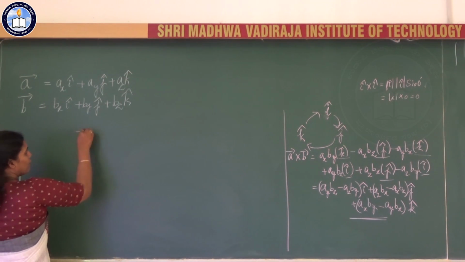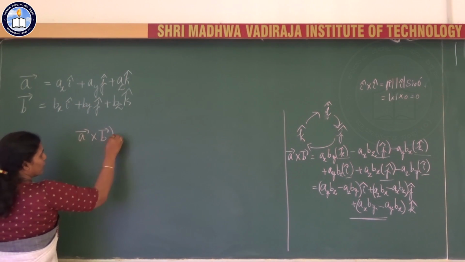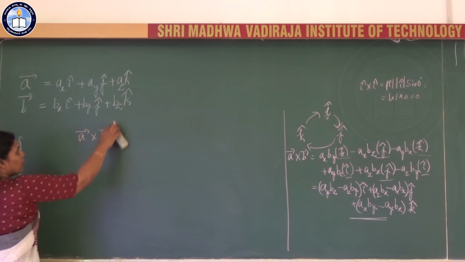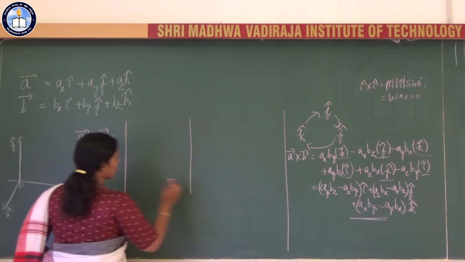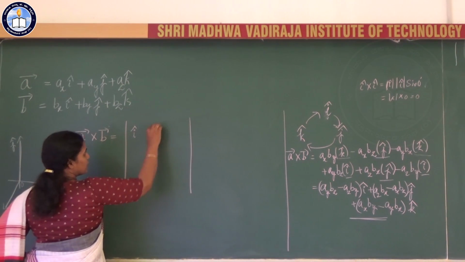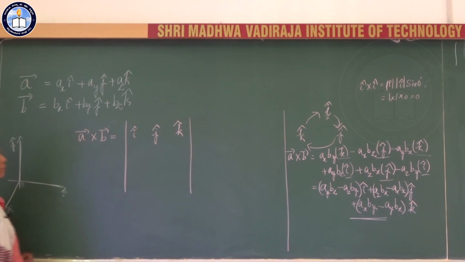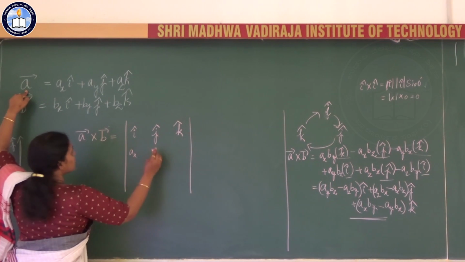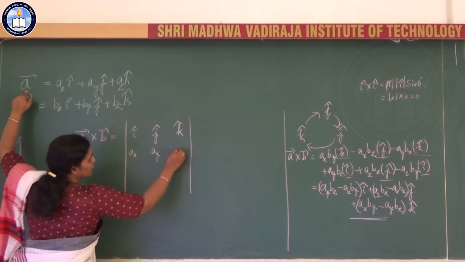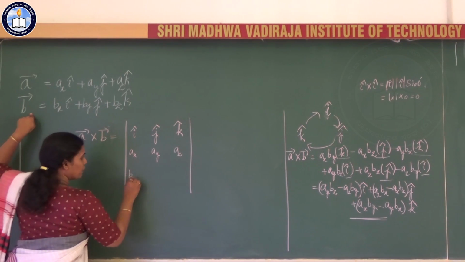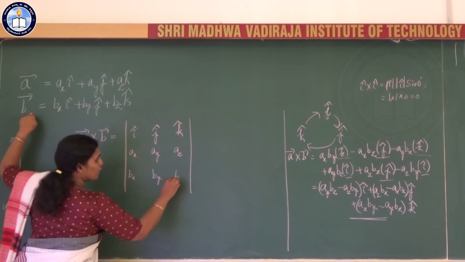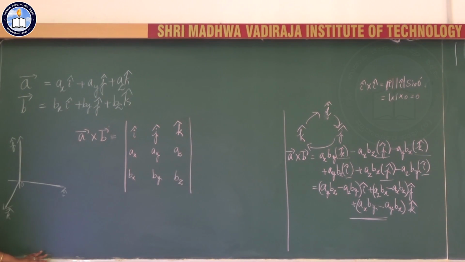A vector cross B vector equals, in the determinant form, you write i cap, j cap, k cap. For A vector, along i cap it is Ax, along j cap it is Ay, along k cap it is Az. For B vector, it is Bx, By, Bz.